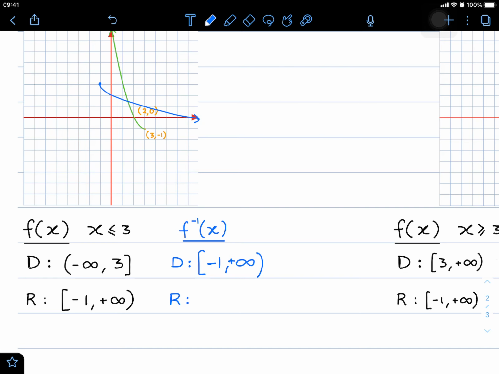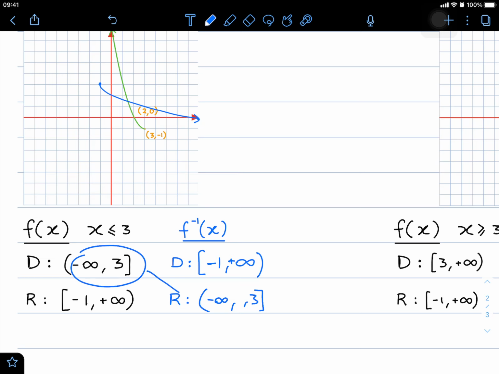And its range, take a look, its highest value is y is equal to 3. Its lowest value is going to go all the way down to -infinity.